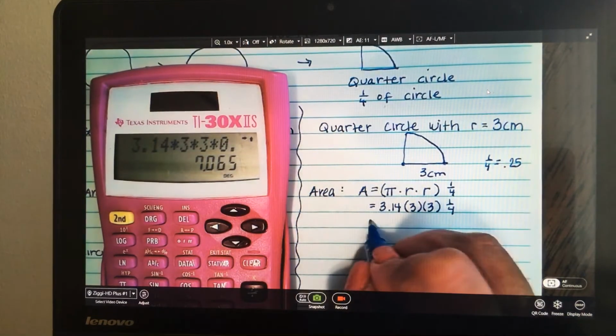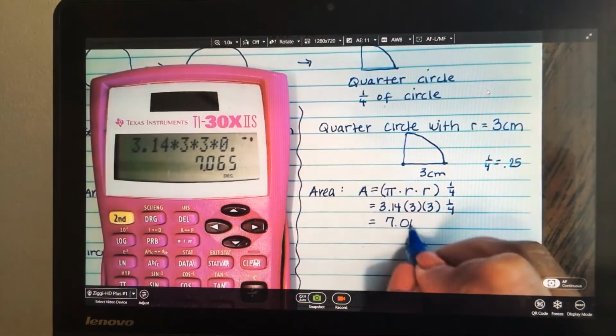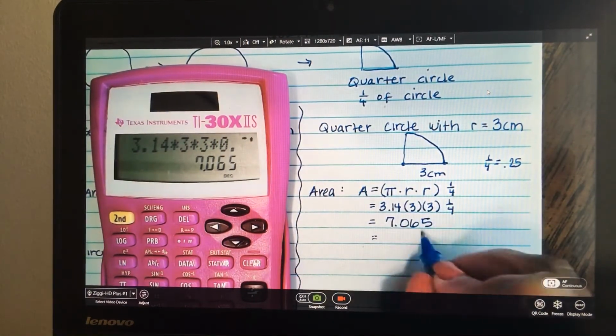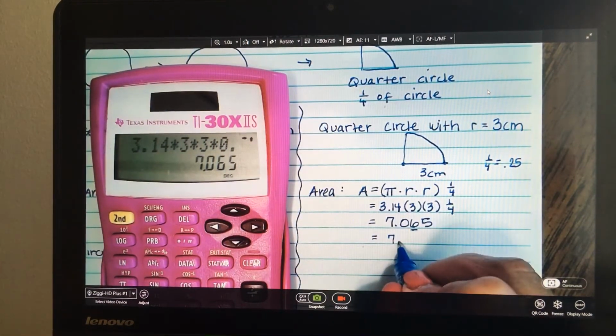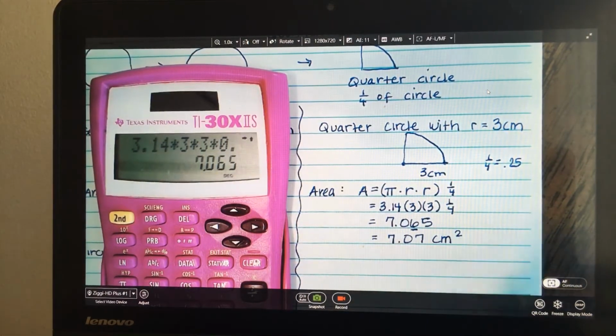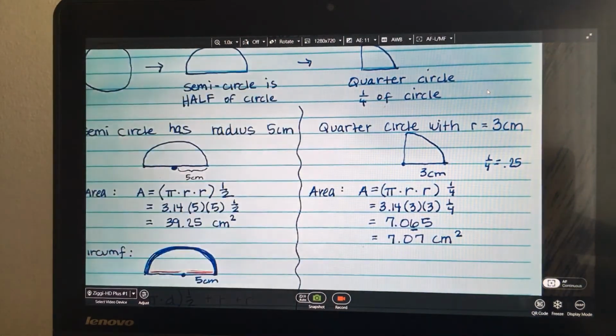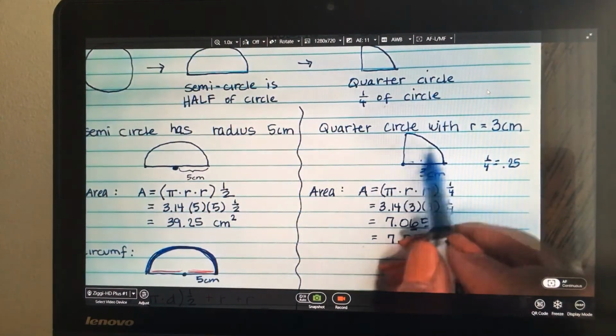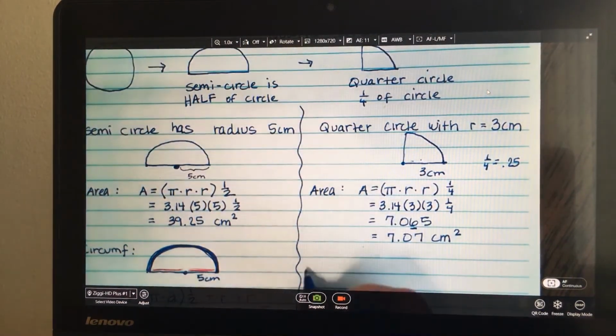There we go. 7.065. We've been rounding to the nearest hundredth, so that would round up to 7.07 centimeters squared. Okay, so that's a quarter of the circle. And now let's take a look at the circumference of that quarter circle.